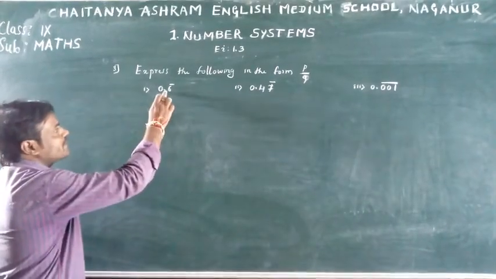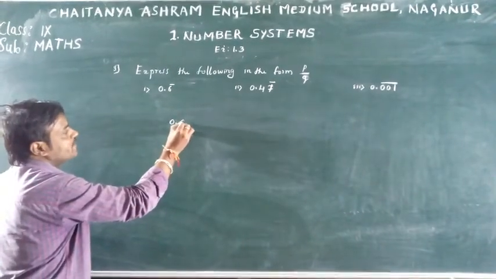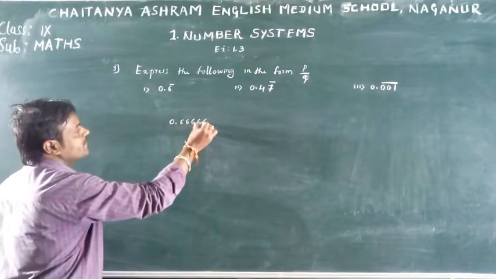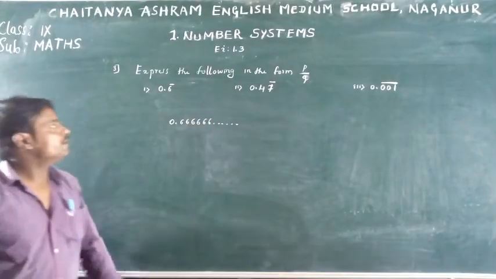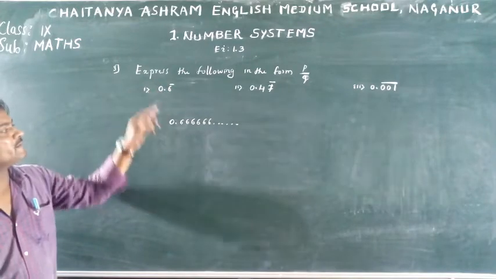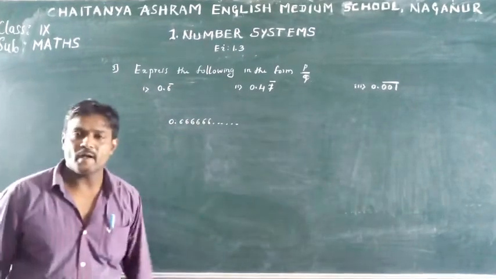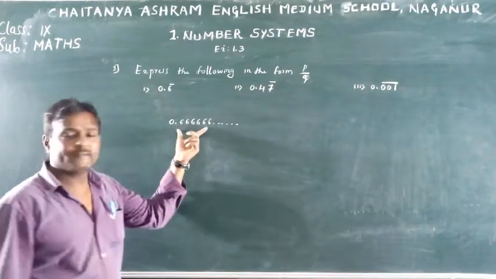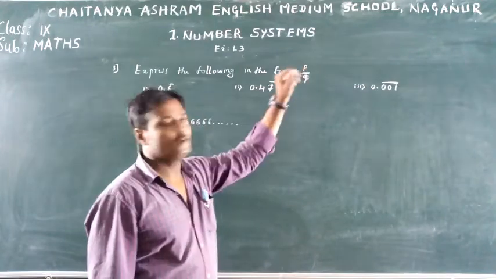So 0.6 bar means we can write 0.666666 and so on. Yes or no? So how to write this in the form of p by q?